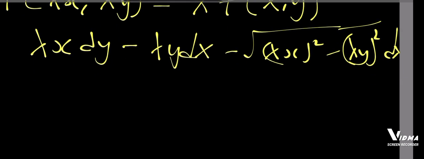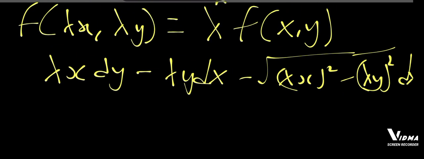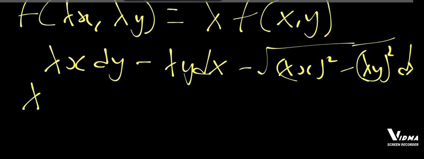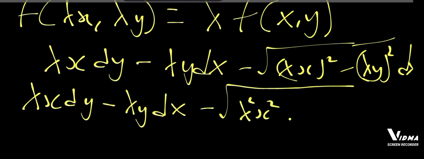The next thing we are going to do, so we can see that we have lambda x dy minus lambda y dx, and we are going to try to expand it. So we have lambda square x squared, lambda square y square dx, equal to 0.